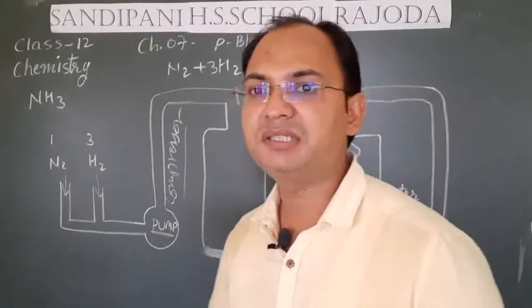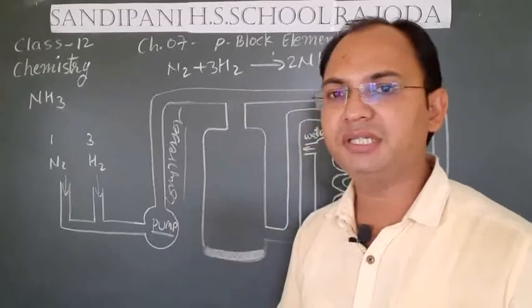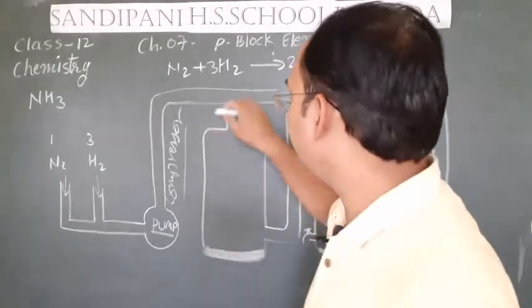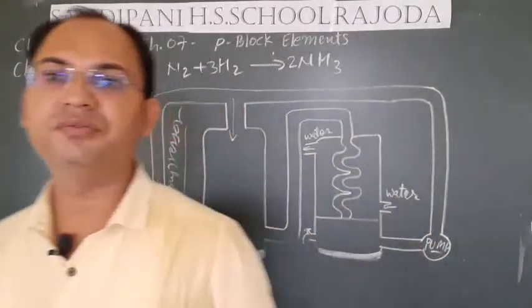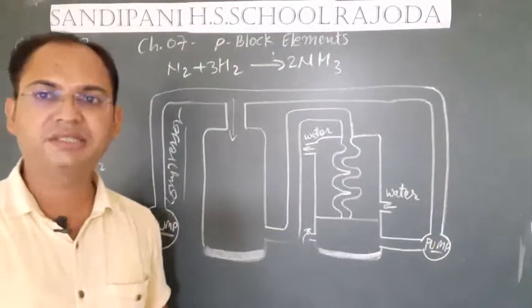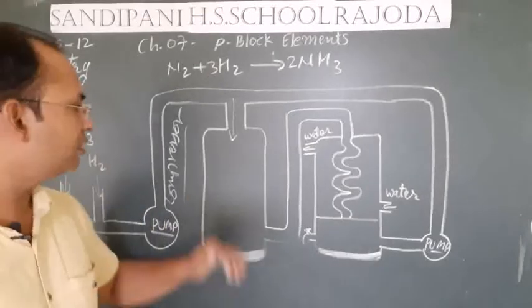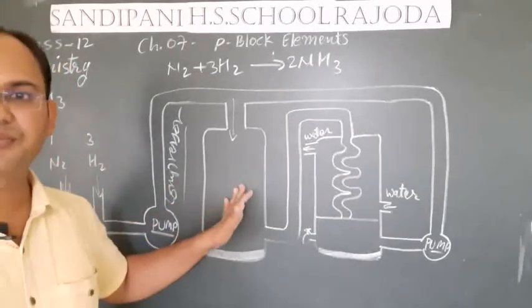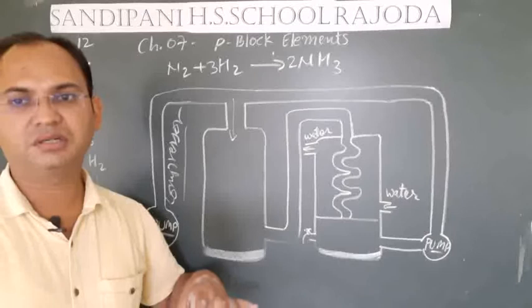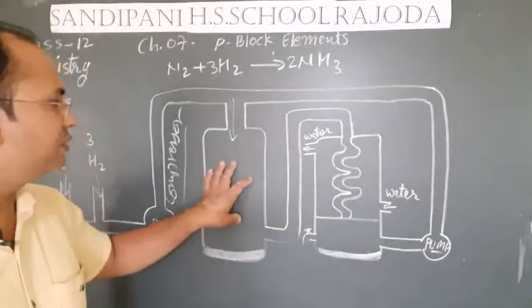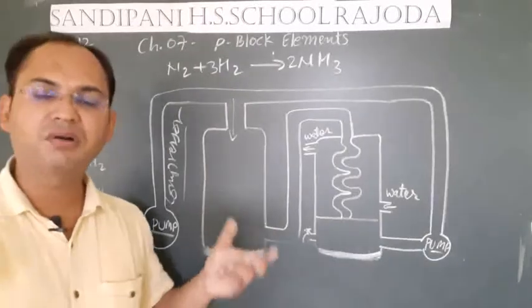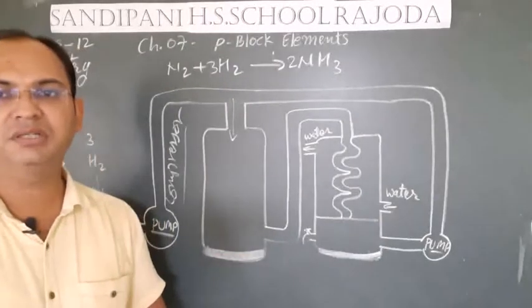It will compress the hydrogen and nitrogen, and this hydrogen and nitrogen then enter a chamber where the reaction takes place. Here in this chamber, there is high pressure along with the presence of catalyst, which is required for the combination reaction of the nitrogen and hydrogen.